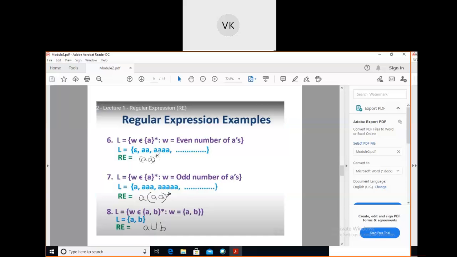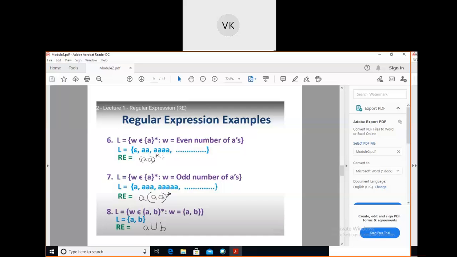If star is 0, then the whole will be null, epsilon, zero occurrence. If star is 1, this raised to 1 will be AA, 2 times A. If star is 2, it is 4 times A, and if it is 3, 6 times.